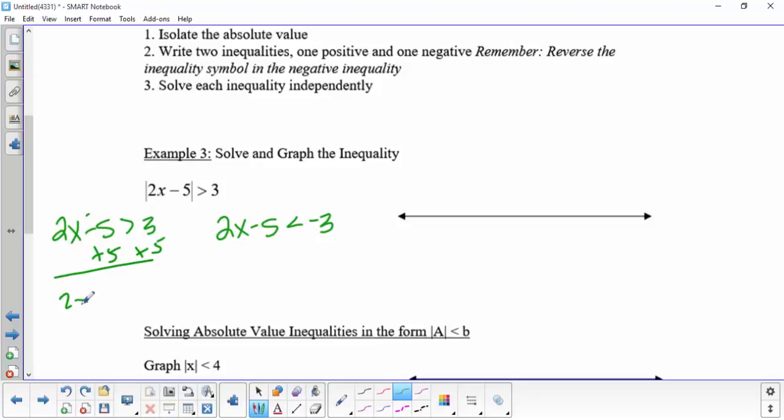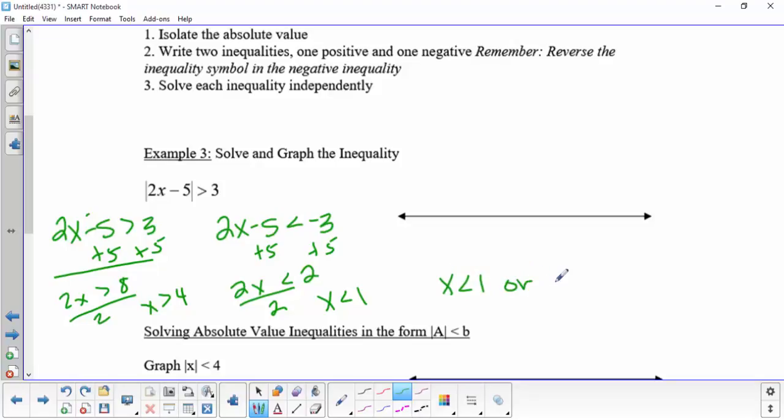So I get 2x is greater than 8, divide by 2, so x is greater than 4. For the second one, if I add 5, I get 2x is less than 2, divide by 2, so x is less than 1. To write this solution, we write x is less than 1 or x is greater than 4.